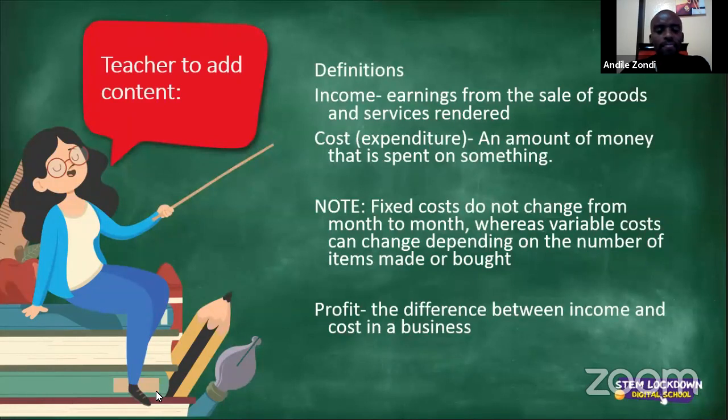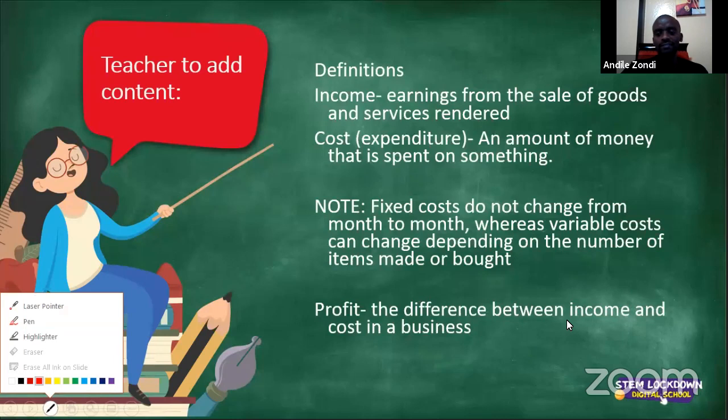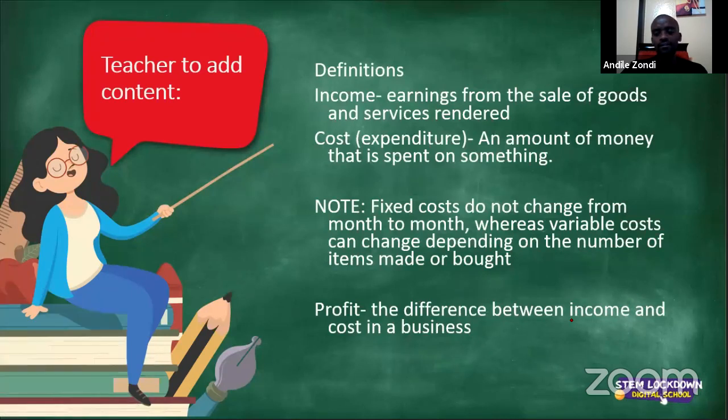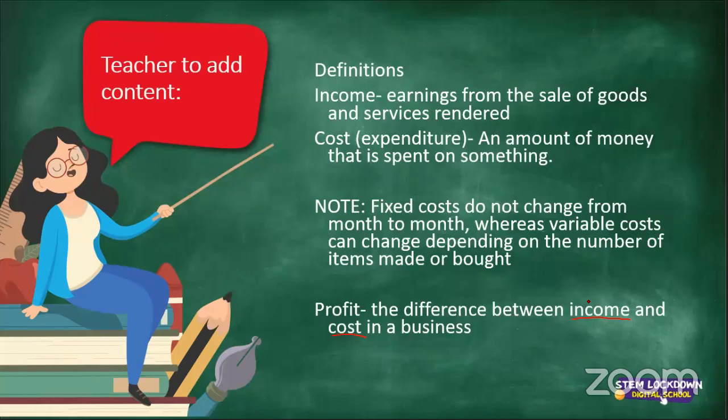The income must be more than your cost. If your cost is more than your income, that means you've made a loss. I'll show you just now how to calculate profit or loss.